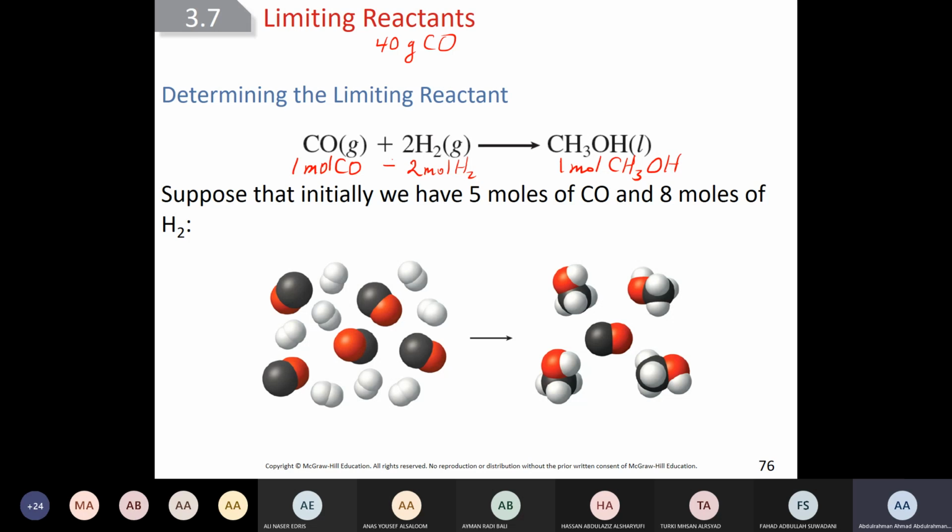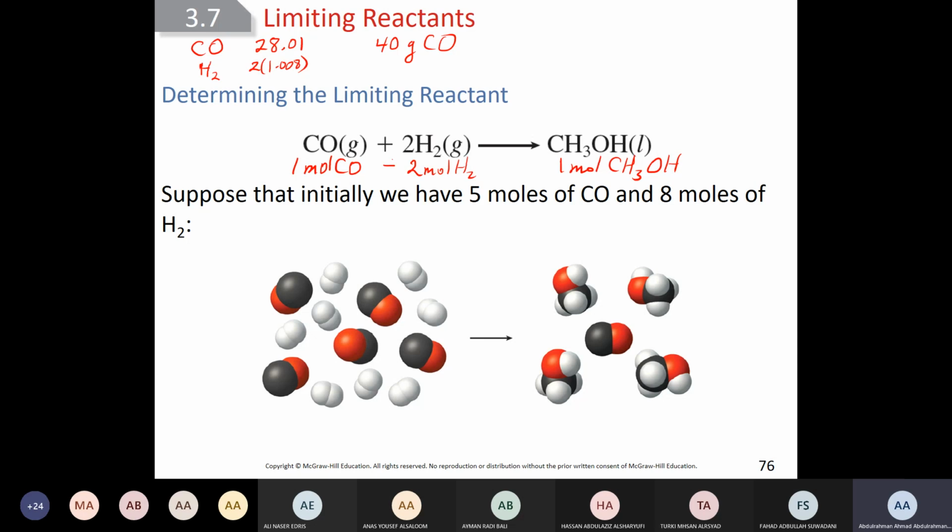Don't forget, what's the molar mass of CO, by the way? 28.01. And what's the molar mass of the hydrogen H2 molecule? 2 times 1.008. Exactly. Keep this in mind.